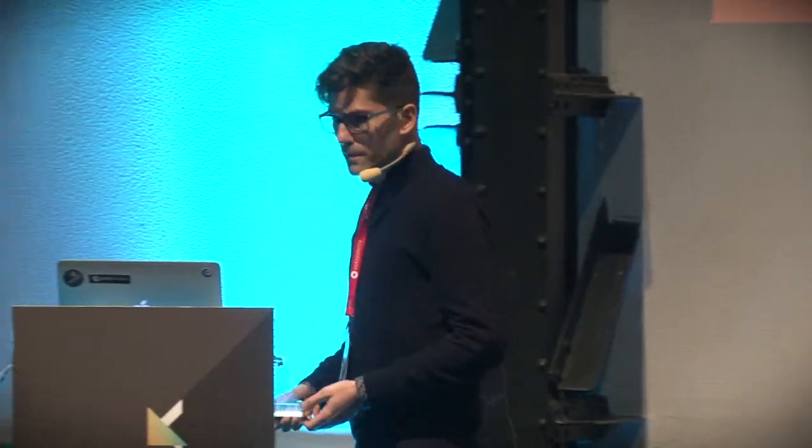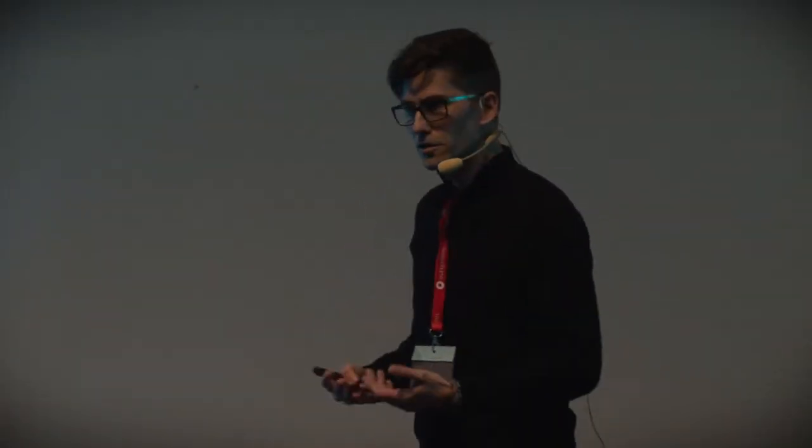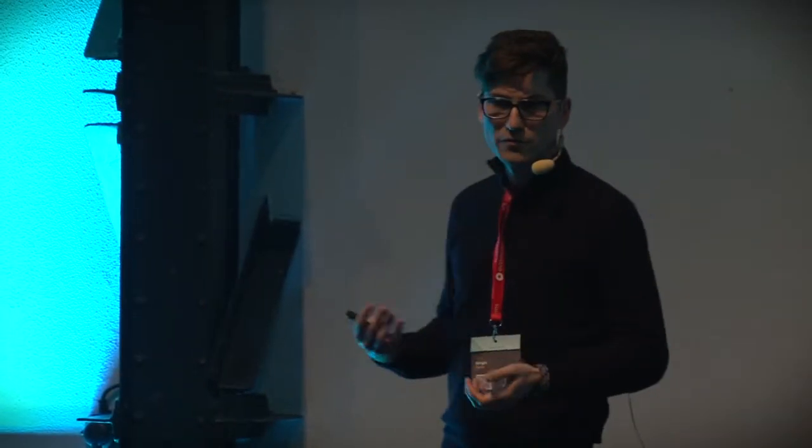So let's start looking at the manifest.json. This is the file that provides the data to install your application. Pay attention that having a manifest file in your application doesn't guarantee that the user will be popped up with the message asking for installation, because PWAs are progressive.